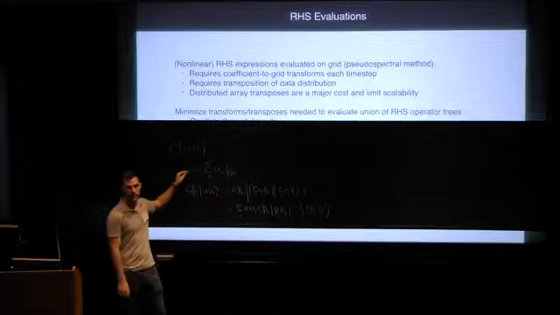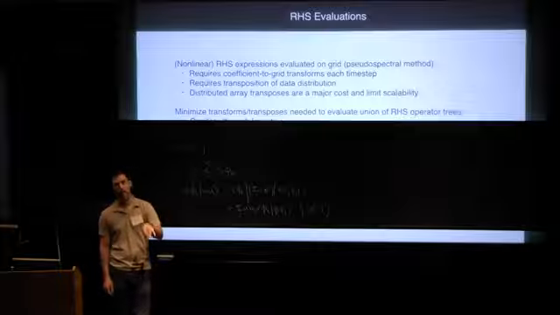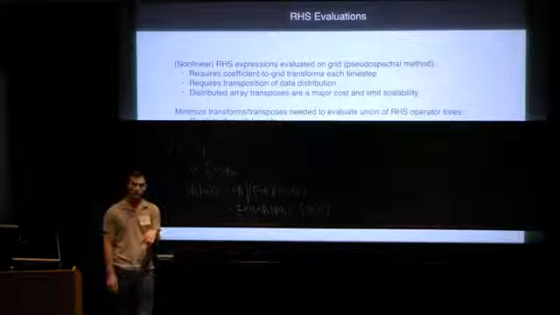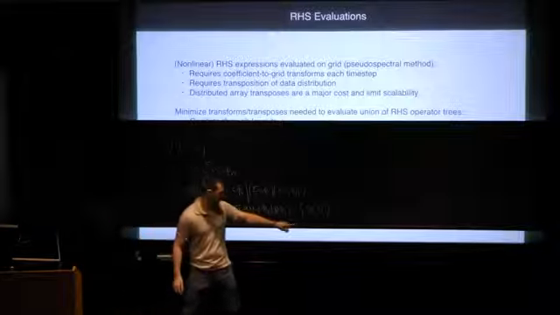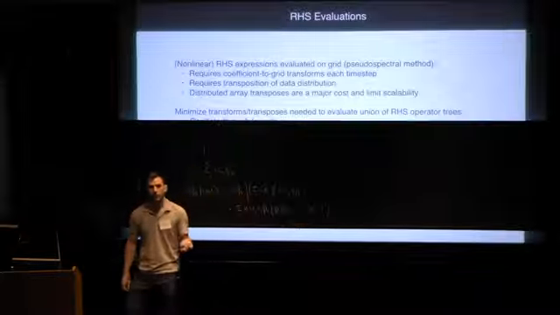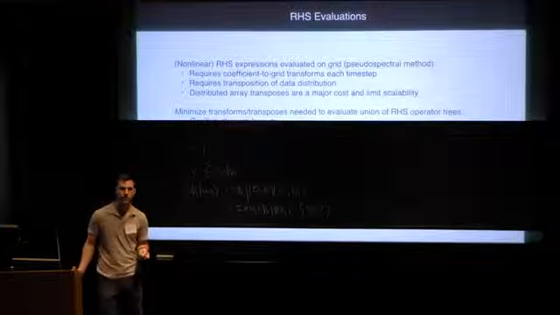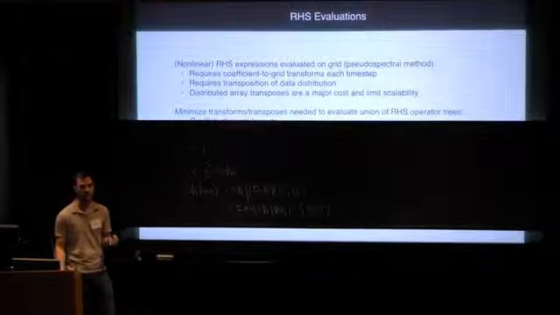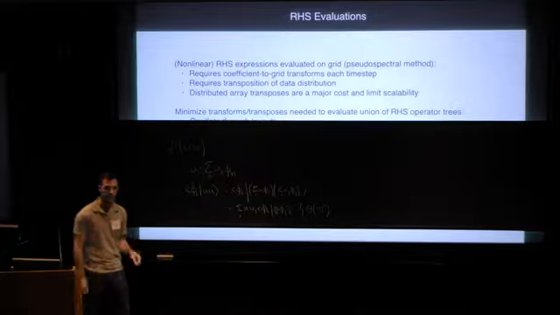Multiplication on the grid is order n because it's pointwise, and then n log n coming back. So asymptotically, I'm trading n squared operations for multiple n log n operations. This is called the pseudospectral method. This is why we evaluate all the nonlinear terms on the grid.